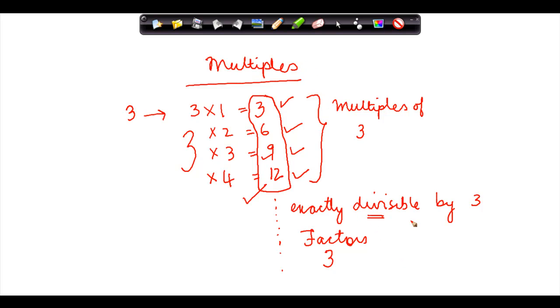Any number which is a multiple of another number, say for example, here we take 12. I am taking 12 because it is something I took in the earlier example. So 12 is a multiple of 3. Therefore, it is reasonably safe to assume that 3 is a factor of 12.